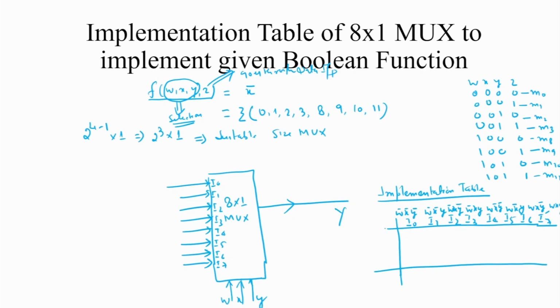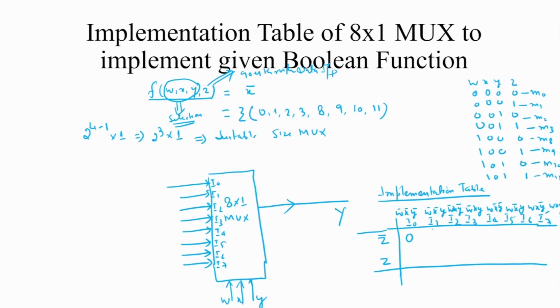And then what is written here? The first row represents Z complement, meaning when the value of Z is 0, and the second when the value of Z is 1. When the value of Z is 0, the input represents the minterm where W, X, Y and Z are all 0, which is minterm 0. We simply put 0 here.